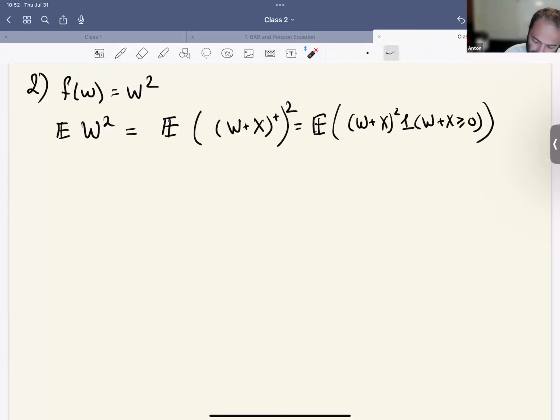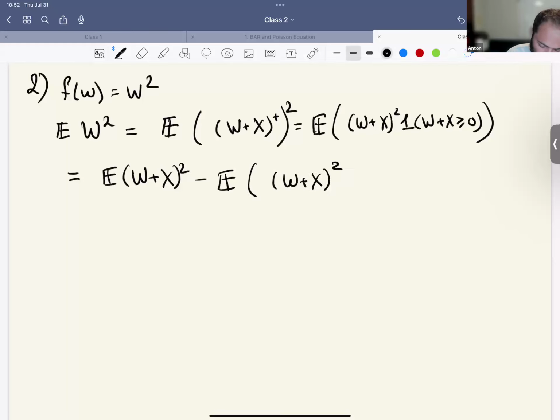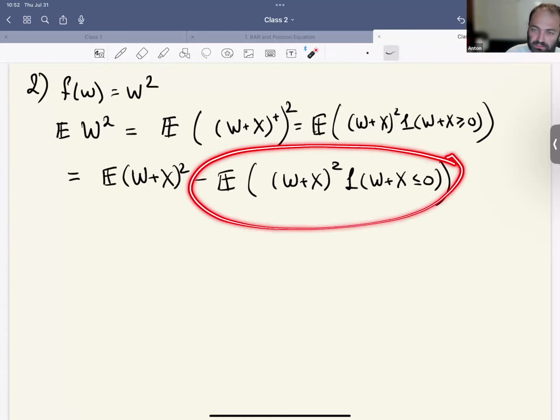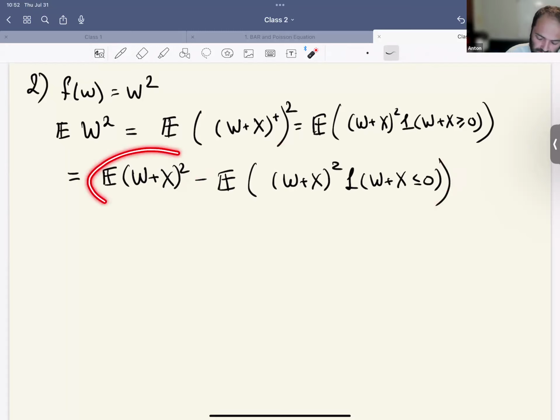And again, adding and subtracting this indicator that W plus X is less than or equal to 0, I see that this equals expected value of (W plus X) squared minus expected value of (W plus X) squared, indicator W plus X less than or equal to 0. Now I'm in business. So whatever this is, I'm going to leave it be for now. I'm going to focus on this object. If I do the expansion, I get a W squared coming out, which is going to cancel the left-hand side.